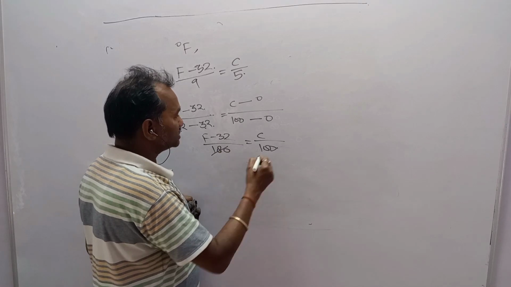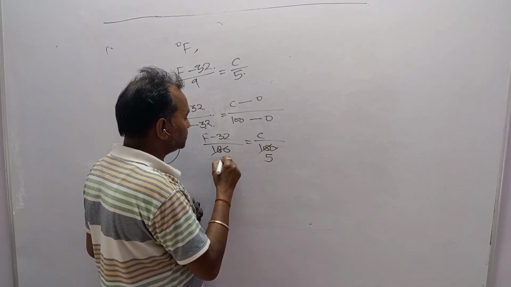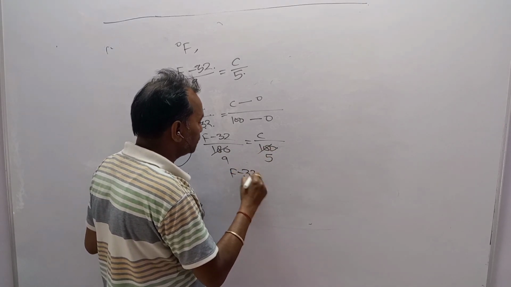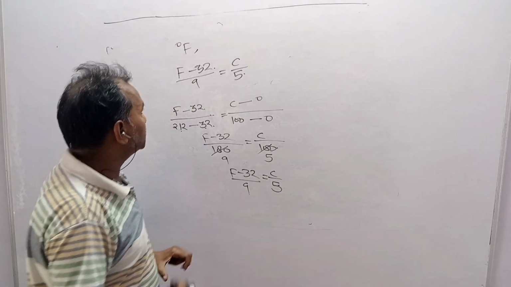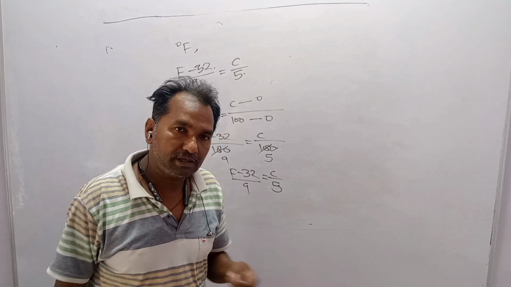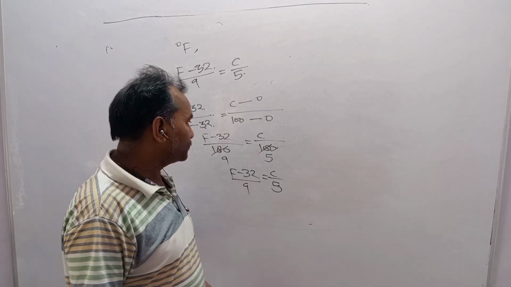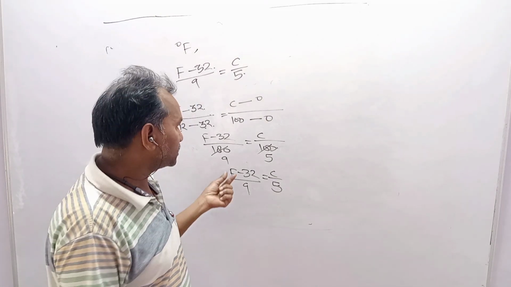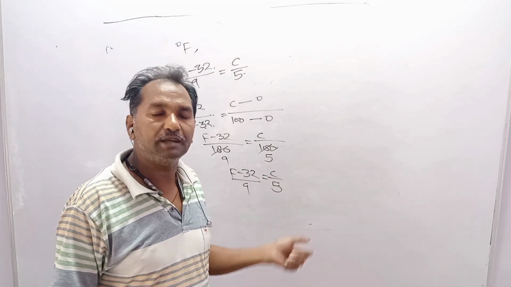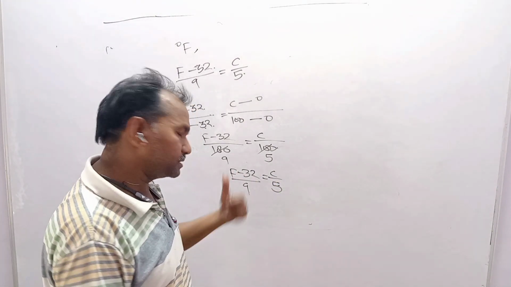So if you cancel it, F minus 32 upon 9 is equal to C by 5. So in this way, you can convert Celsius into Kelvin, Celsius into Fahrenheit, and Fahrenheit also can be converted into Kelvin. First convert the Fahrenheit into Celsius and then Celsius into Kelvin.